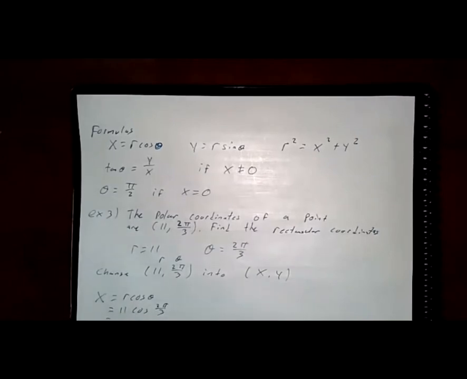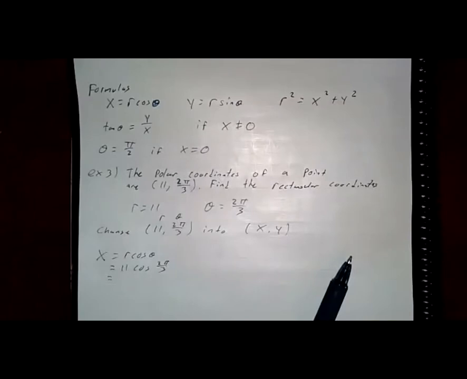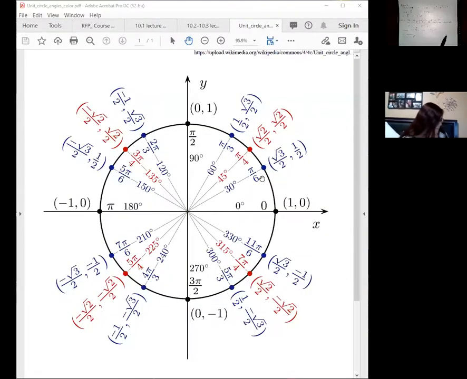So what the heck is cosine of 2 pi thirds? Let's pull out our circle. Here is my circle. 2 pi thirds is right here, right? Cosine is negative half.